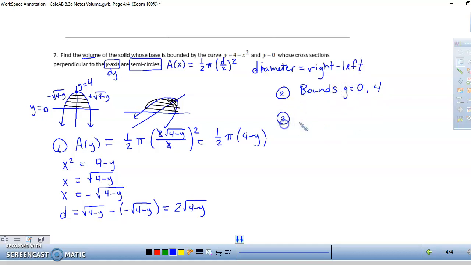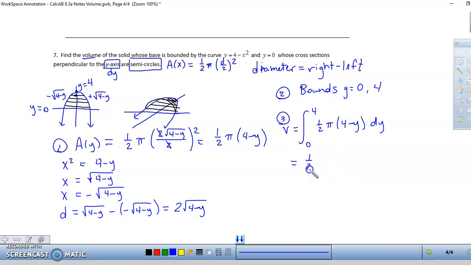And then obviously my third step is to do the volume piece. So the volume is equal to, so a of x is this guy. We're going from 0 to 4. So 1/2 pi times 4 minus y with respect to y. On this one, I'd like you to try to do this by hand without a calculator. So pause and try to do that on your own.